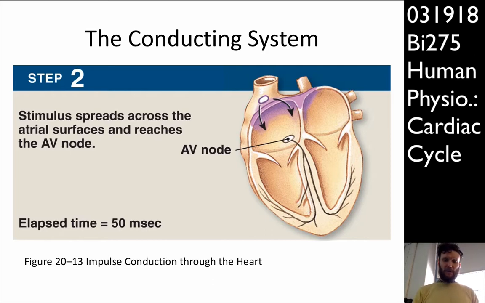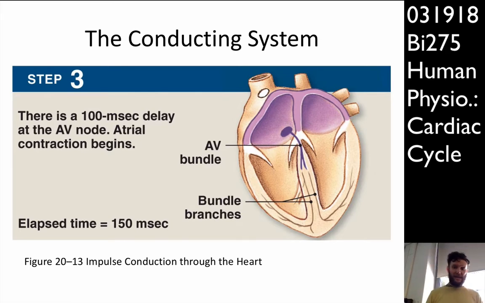This takes about 50 milliseconds. Then, once it gets to the AV node, contraction begins in the atrium, and there's this active filling of the ventricles. So the atria are forcing blood down into the ventricles. This is about a 100 millisecond delay at this point.